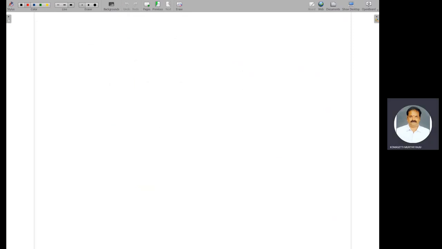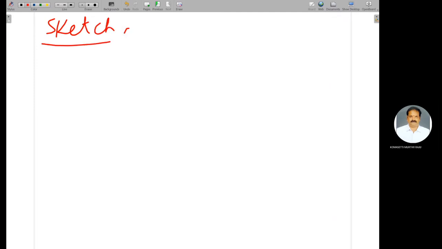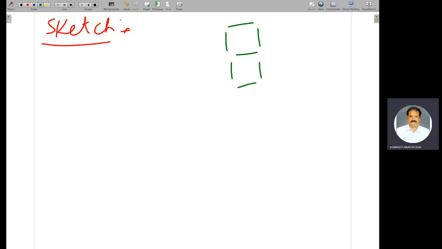Next, coming to the sketch. In that sketch, if you want to display here, this one is the 8th number. If you want to display 0, these are the letters.